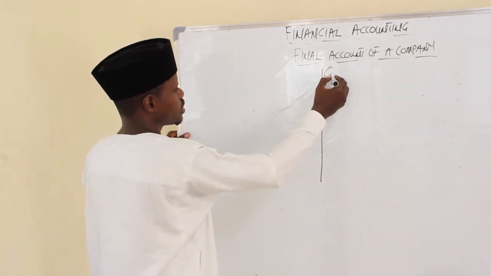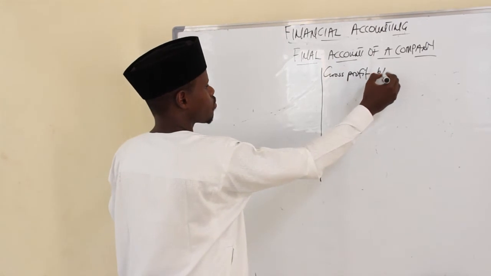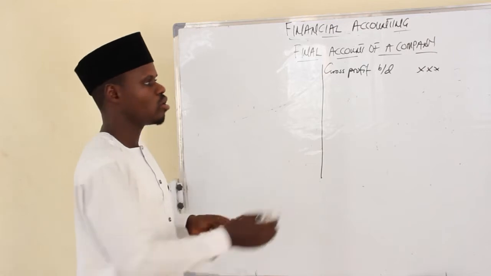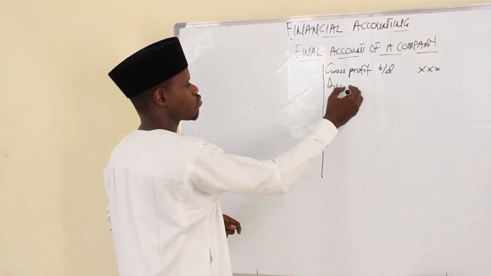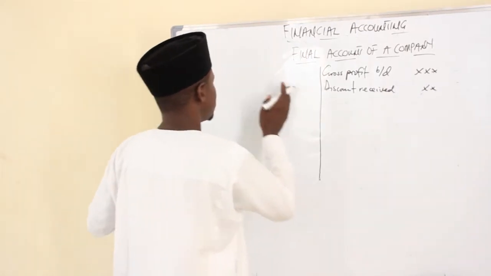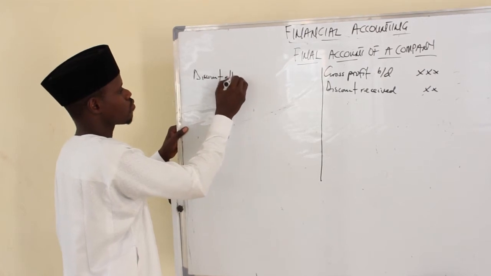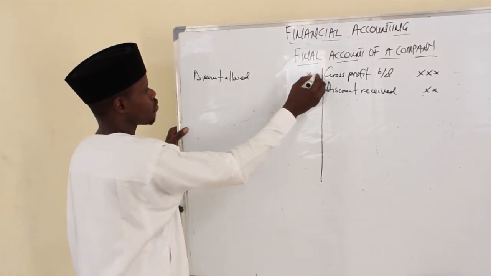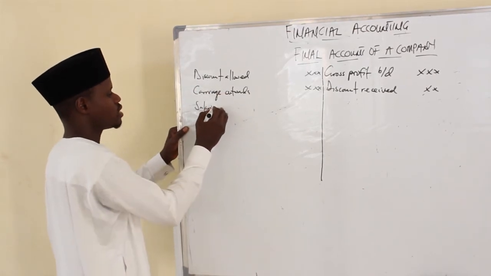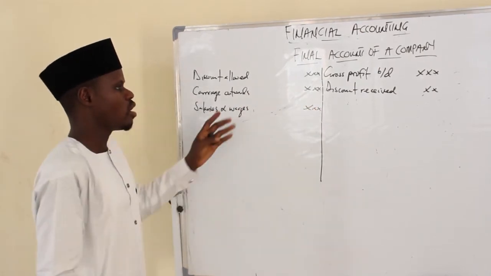You have your gross profit here, and probably another income, discount received. And here we'll bring our expenses. Let's say we have discount allowed, carriage outwards and wages. We're all familiar with this.